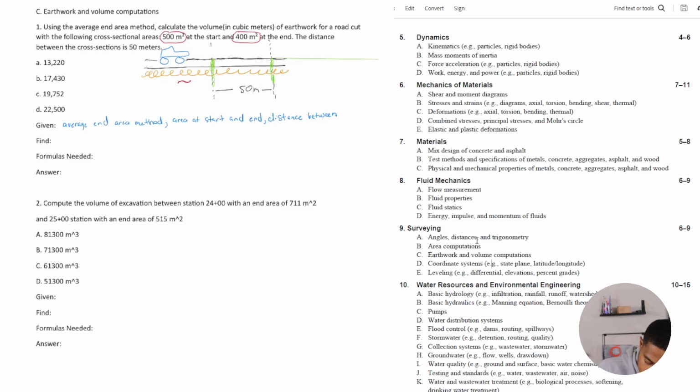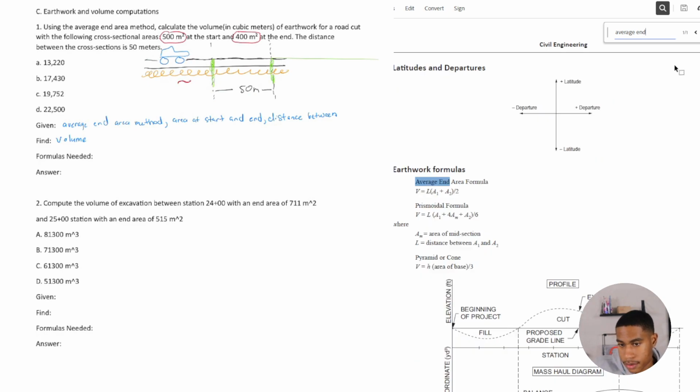So we're trying to find the volume. And okay, let's look up the average end area formula. The formula is V, which is volume, equal to the length times area 1 plus area 2, all divided by 2.